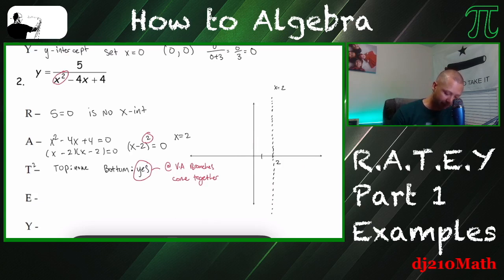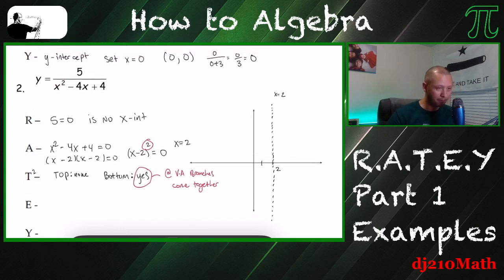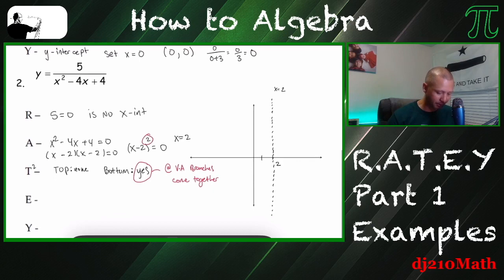The end behavior, towards the horizontal asymptote, we have to analyze the actual rational function. We need to compare the degree in the top to the degree in the bottom. Is it balanced, top heavy, or bottom heavy? Well, there's an x squared in the bottom and there's no x in the top. So this is considered bottom heavy.